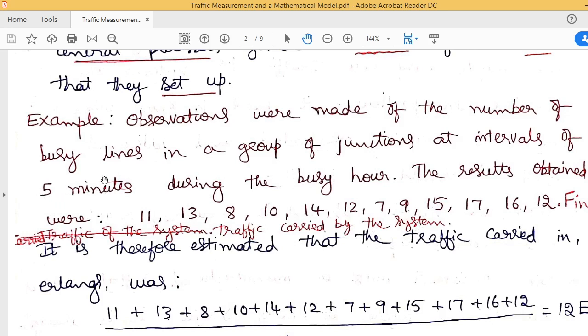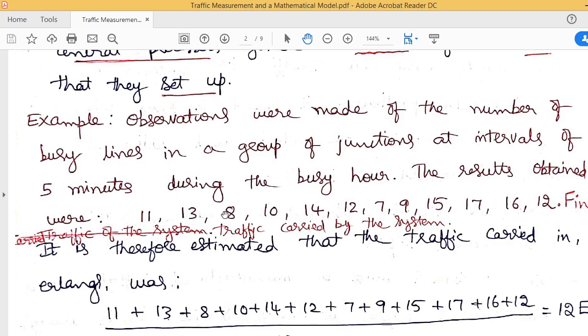After every 5 minutes we have recorded the number of busy lines.